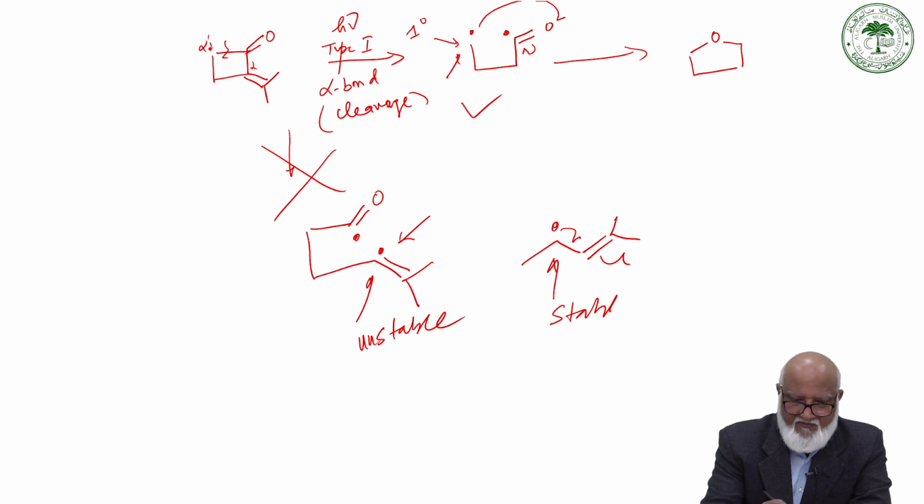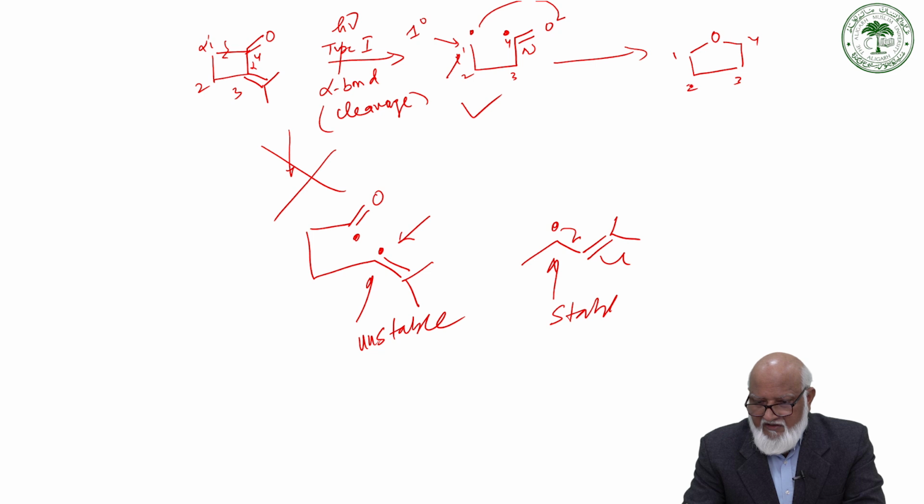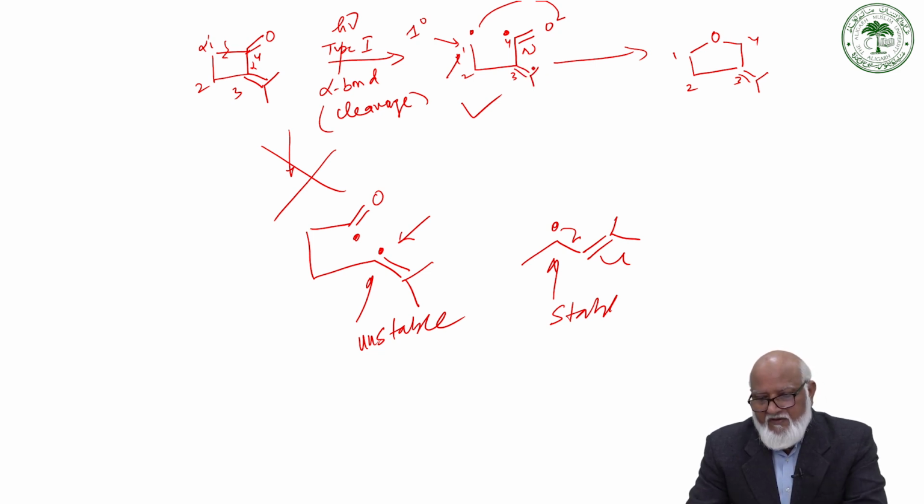Now we can give this the numbers 1, 2, 3 and 4. At the 3rd carbon there is a double bond, and there are 2 methyl groups. And then 1 is going to be oxygen.